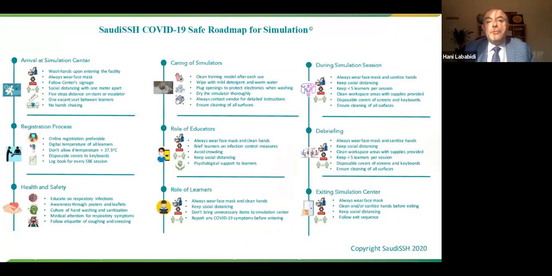Now we put together a roadmap for simulation. This is a kind of infographic present on our website, covering everything from arrival at the simulation center to registration, health and safety, caring for simulators, the role of educators, the role of learners, and what should be done during the simulation session, from the briefing until you exit the simulation center.